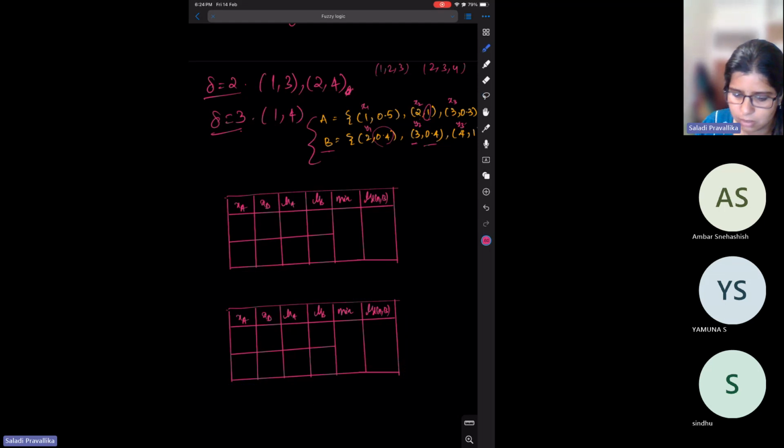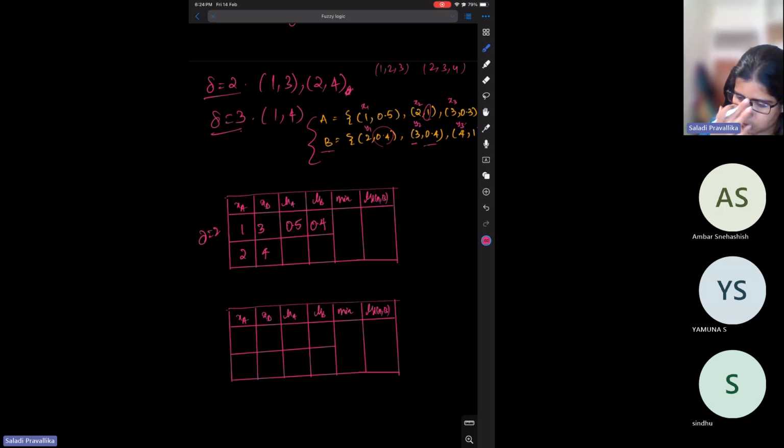So for delta equal to 2, we have 1, 3 and 2, 4. We have two sets. For x equal to 1 from fuzzy set A, the membership value is 0.5. For x equal to 3 in fuzzy set B, it is 0.4.